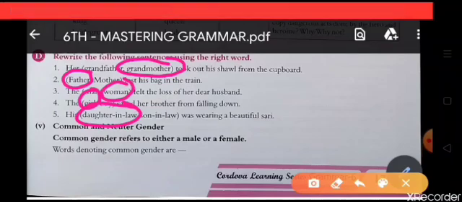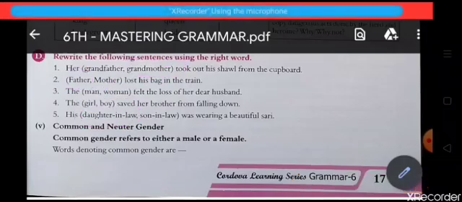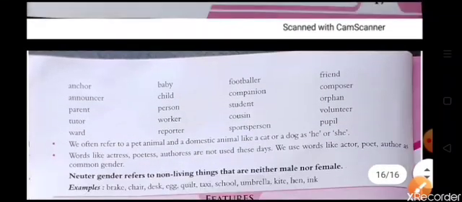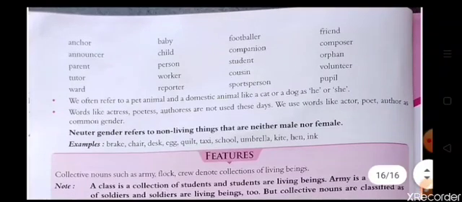Now, common and neuter gender. Common gender refers to either a male or a female. Words denoting common gender are anchor, announcer, parent, tutor, ward, baby, child, person, worker, reporter, footballer, companion, student, cousin, sportsperson, friend, composer, orphan, volunteer, pupil.